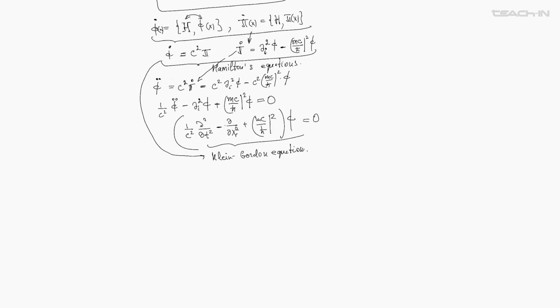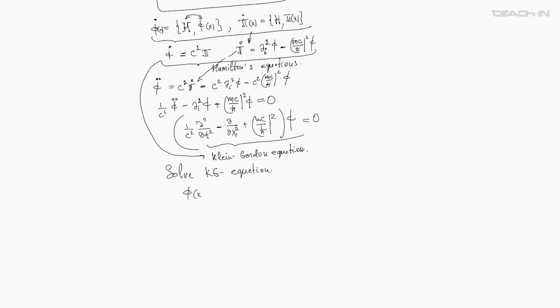How to do it? The most efficient way to look at the solutions and to understand what they look like is to go to the Fourier space. So what you do is make a Fourier transform by using the Fourier integral. You write 1 over 2 pi to the power 3 over 2.